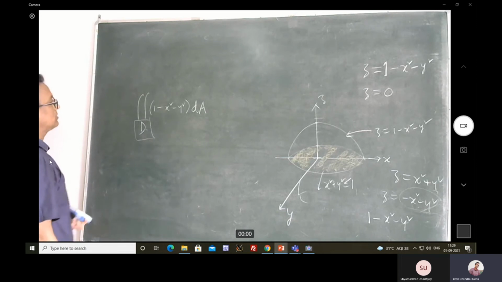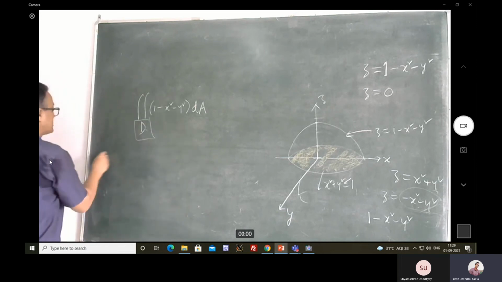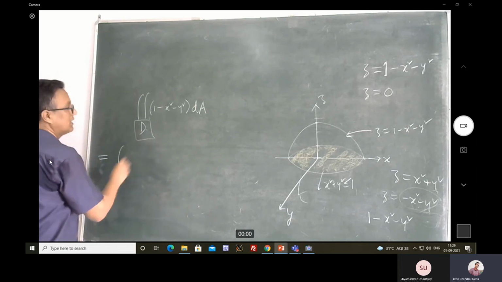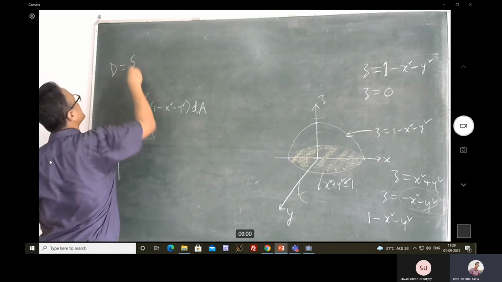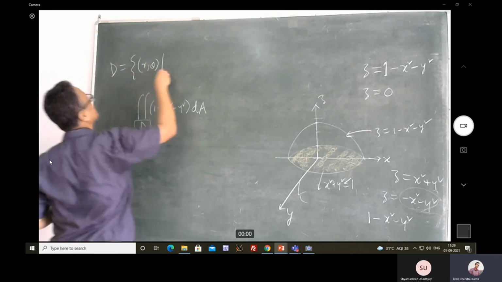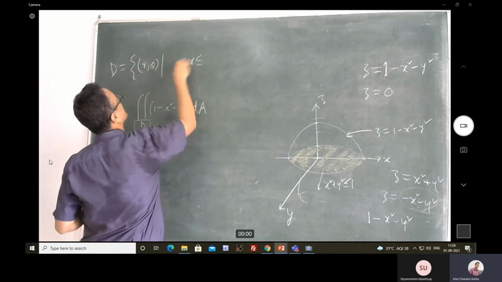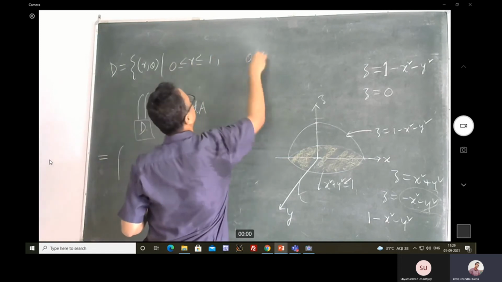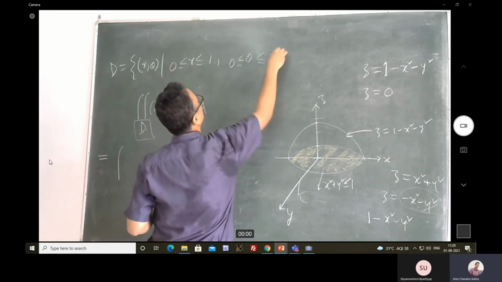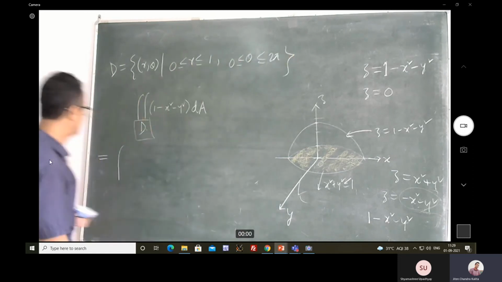So that means this is going to be equal to 1, and that means your d in terms of r theta is simply r going from 0 to 1 and theta going from 0 to 2 pi, right?